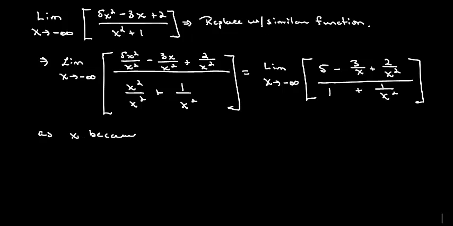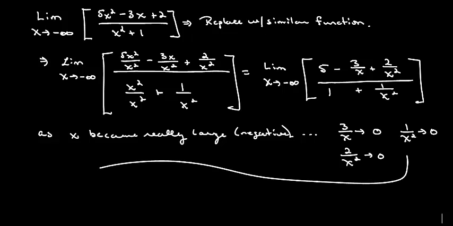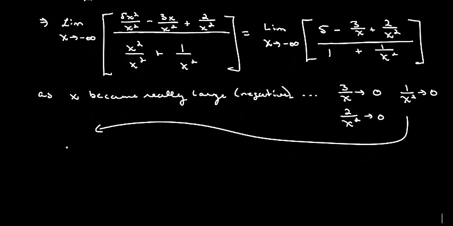So as x becomes really, really large, either positive or negative, in this case negative, 3 over x goes to 0, 2 over x squared goes to 0, and also 1 over x squared goes to 0. You should check those on your calculator, graph them out, and make sure that yes, they do actually go towards 0.